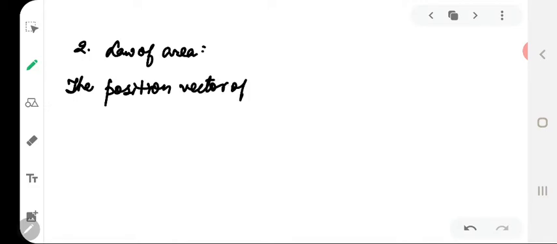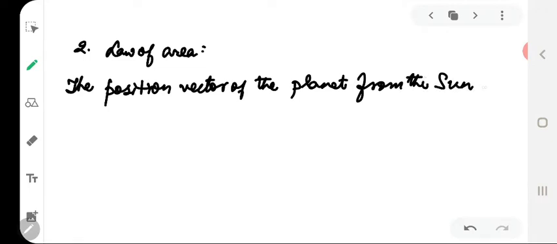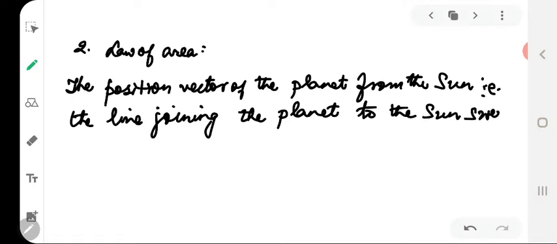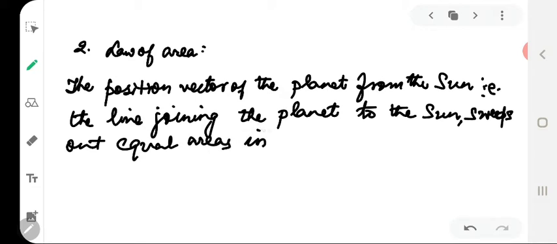The position vector of the planet from the Sun, this means the line joining the planet to the Sun, sweeps out equal areas in equal time.